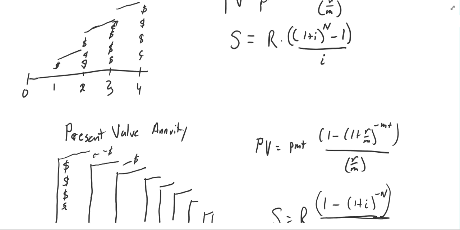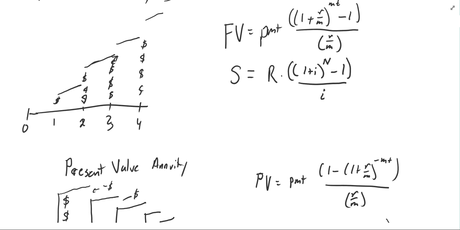You're saving up money typically with a future value, and with a present value you're paying it off. A future value would be when you're saving for your retirement, putting aside money every month to get up to that dollar amount, or saving for a big trip, putting aside money every month to save up for some big purchase.